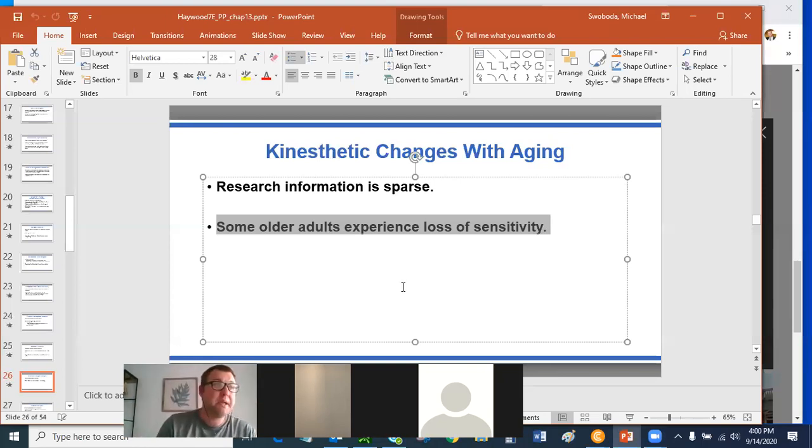This happens a lot with people who have diabetes, especially type 2 diabetes. It can also happen on its own, but if you have peripheral neuropathy, you lose sensation in your feet and your hands. That's not normal. If that were to happen, that suggests something else is going on.